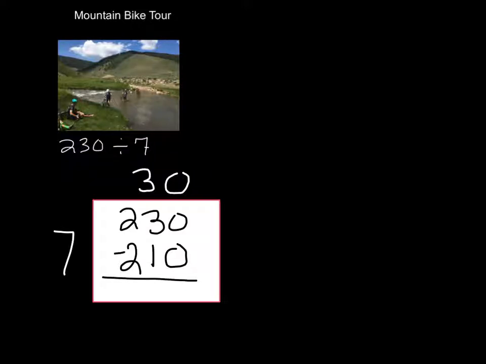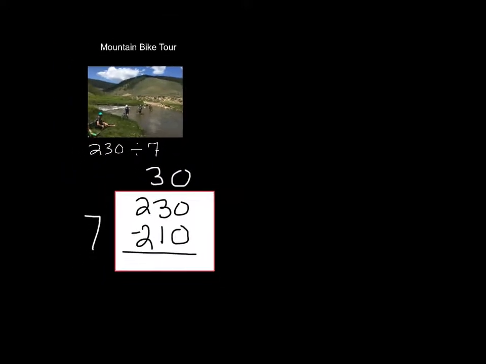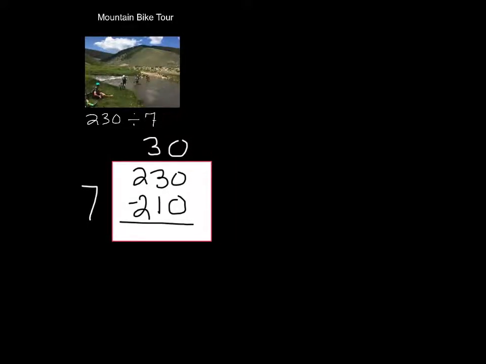Now I'm going to subtract, and that's going to give me whatever is left over, and then I'm going to need to make a new box next to it. But the first thing I want to look for is any trouble coming, and I have no trouble here. 3 can subtract 1 from 3, that's no trouble. So I'm just going to subtract. 0 minus 0 is 0.